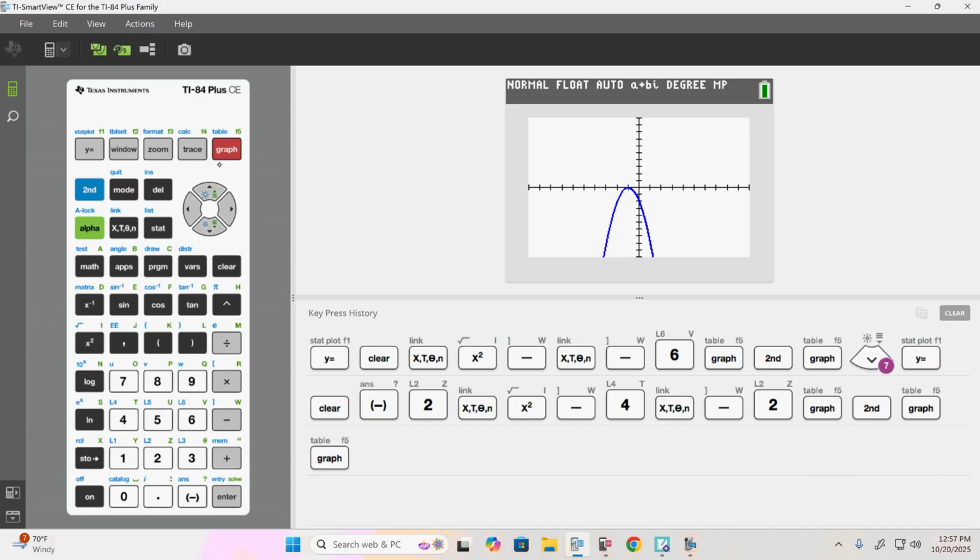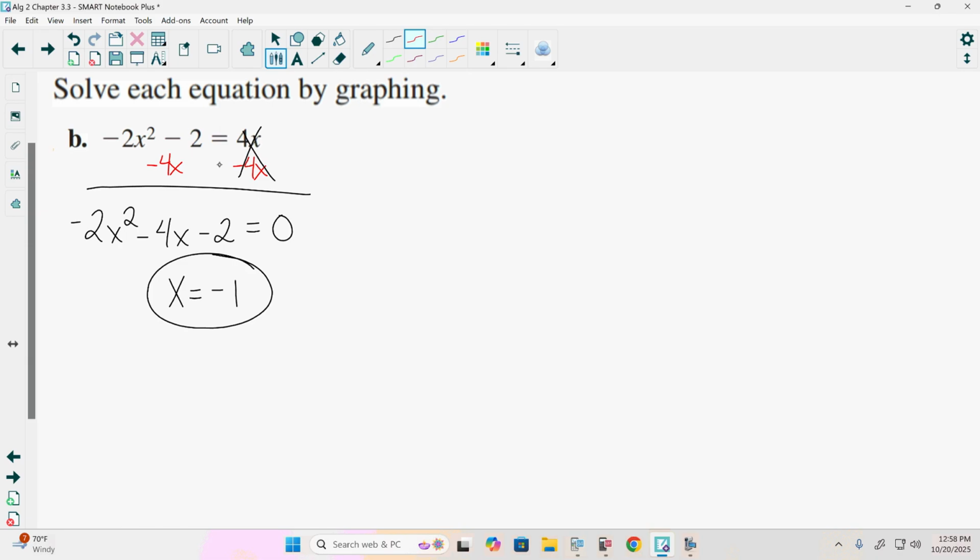What that means is that the number of zeros at that spot is an even amount. So we actually have two solutions at -1. It tells us that x is equal to -1 and x is equal to -1. It shows up twice. So we'll get more into that, especially once we start talking about higher degree polynomial functions. But x equals -1 is the solution we would get by graphing.